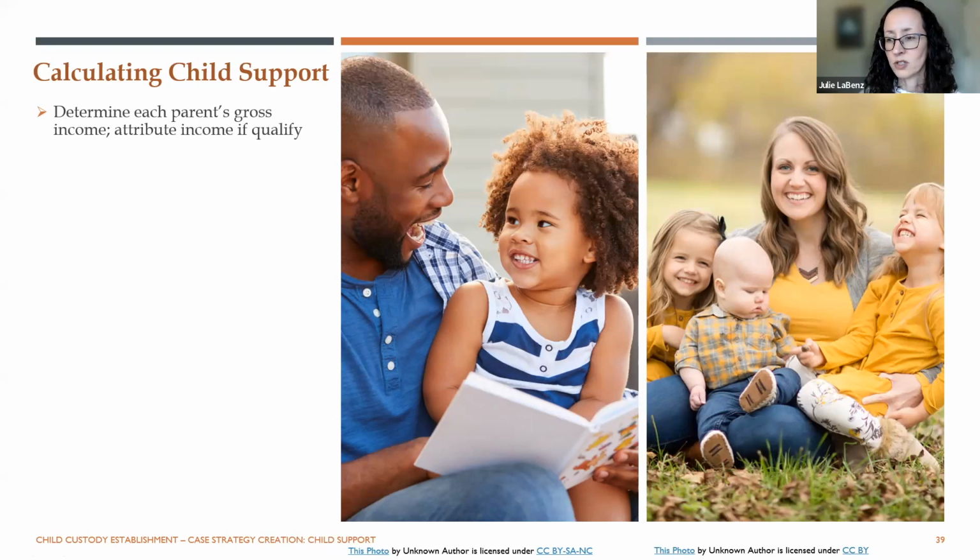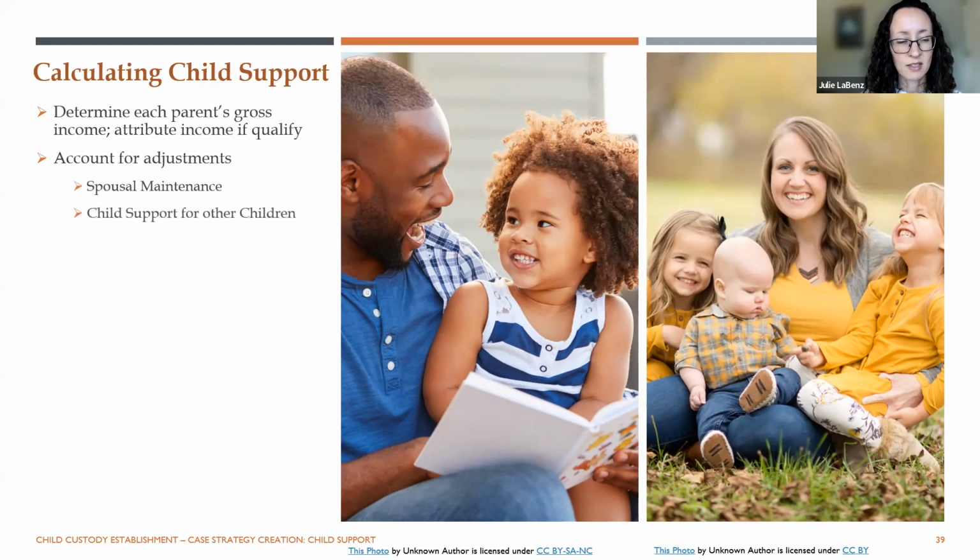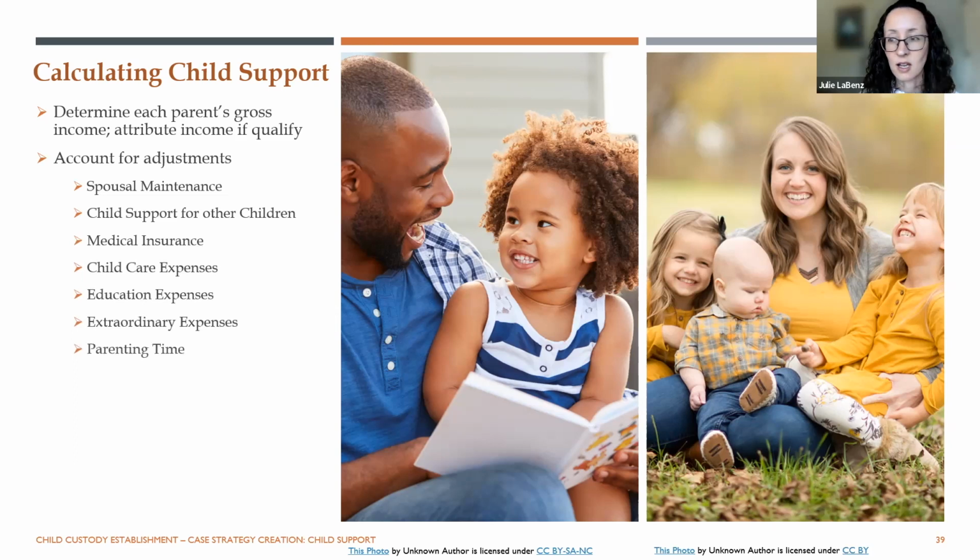We went through all the different criteria related to attributing income. You'll want to account for adjustments, for example, for spousal maintenance, if that's at issue in your case, child support for other children, medical insurance, childcare expenses, education expenses, extraordinary expenses, and parenting time. You can get adjustments for all of those in the calculator.